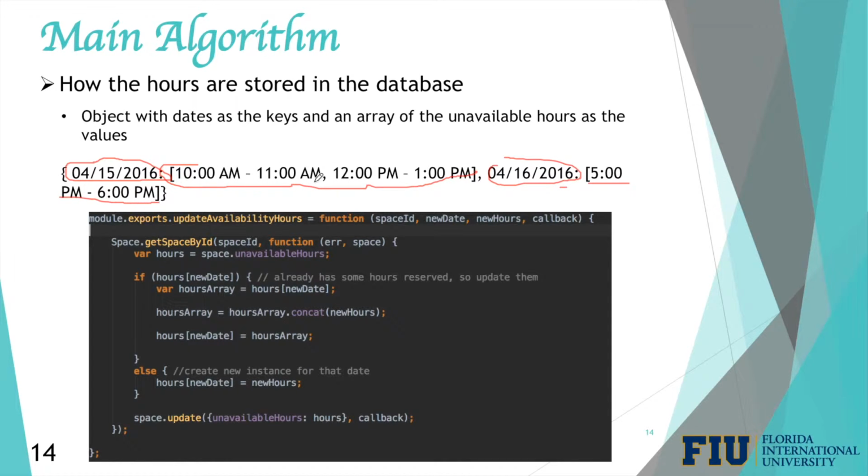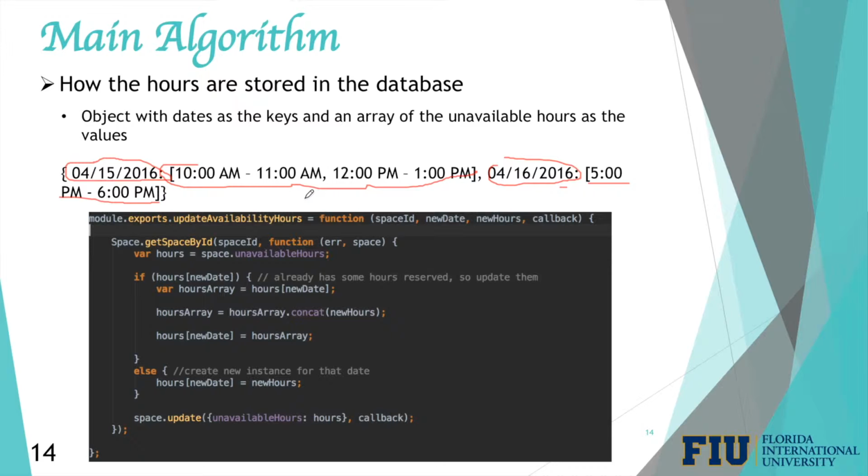So to update this availability, first we get the space by ID, then we get the unavailable hours for the space and save it in an hours variable. Then we check if that date already exists. If it does, we get the array that is the value, and we concatenate that array with the new hours array.